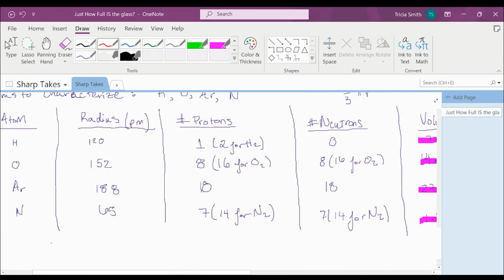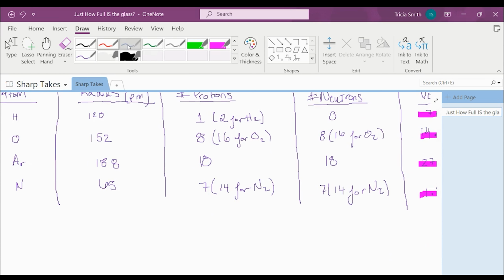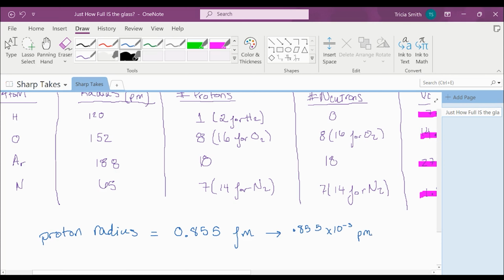This is based off of the assumption that the proton radius is equal to 0.855 femtometers, or 0.855 times 10 to the negative 3 picometers.